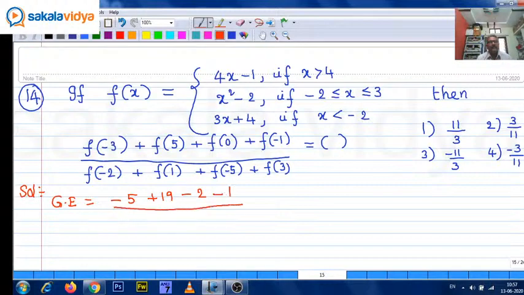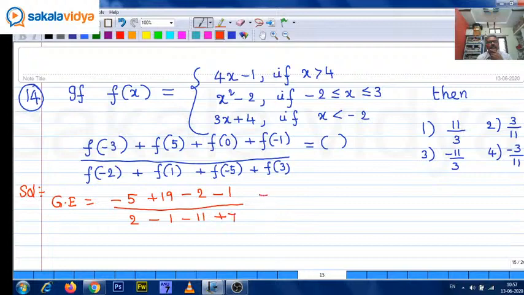Upon f of minus 2: minus 2 is in this interval, 4 minus 2 is 2. f of 1 lies in this one only, minus 1. Now f of minus 5: minus 5 means x in this interval, minus 11. f of 3: 3 lies in this interval, 9 minus 2 is 7.